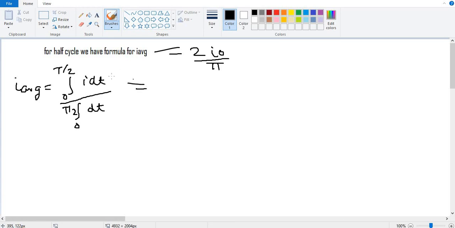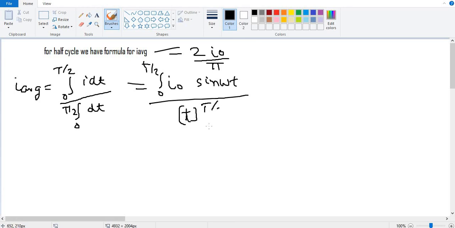Now we will put the value of I. The value of I is nothing but I naught sine omega t, integrated from 0 to T by 2. And down we have the integration of dt, which is nothing but small t, with limits 0 to T by 2.